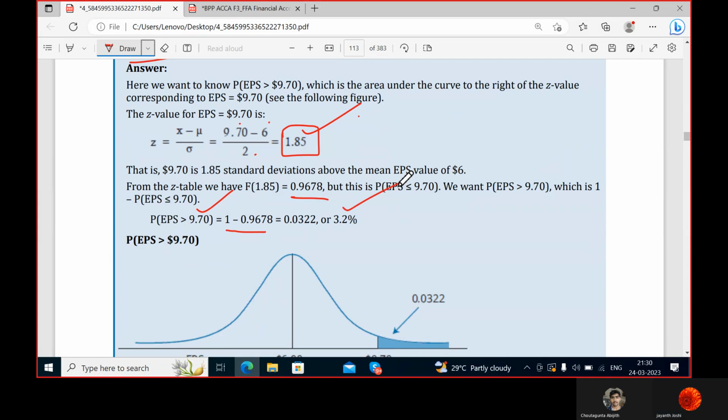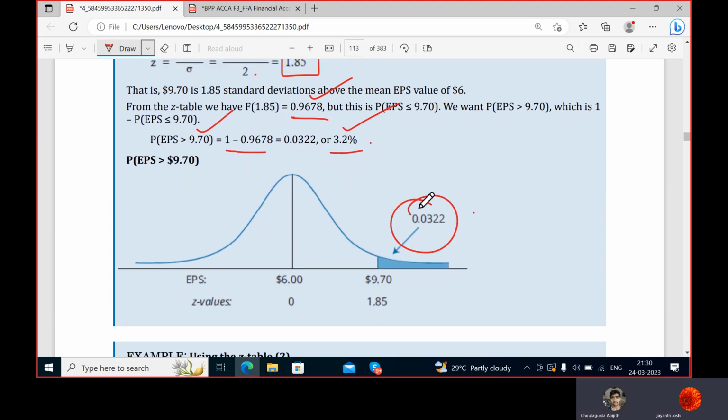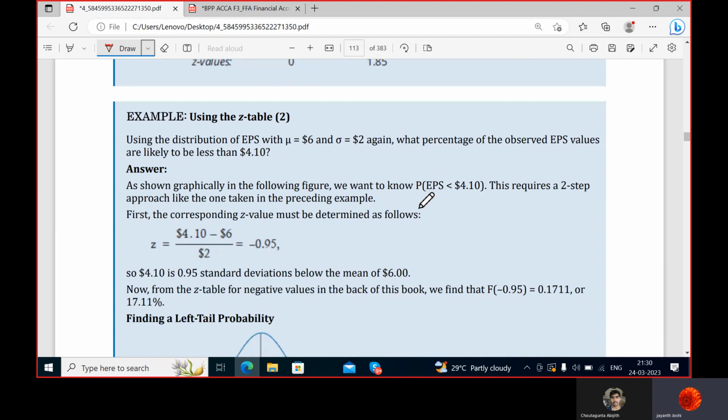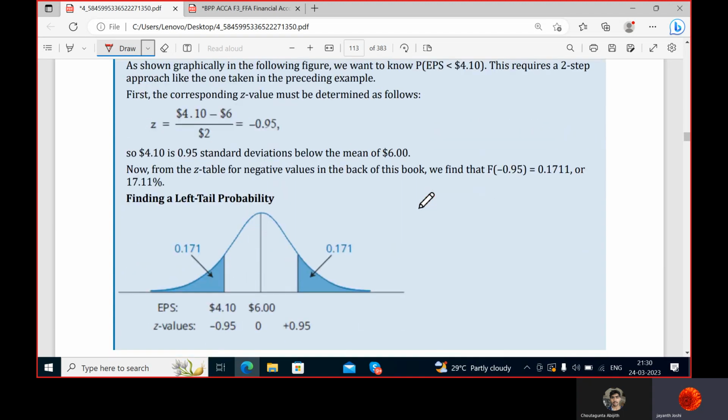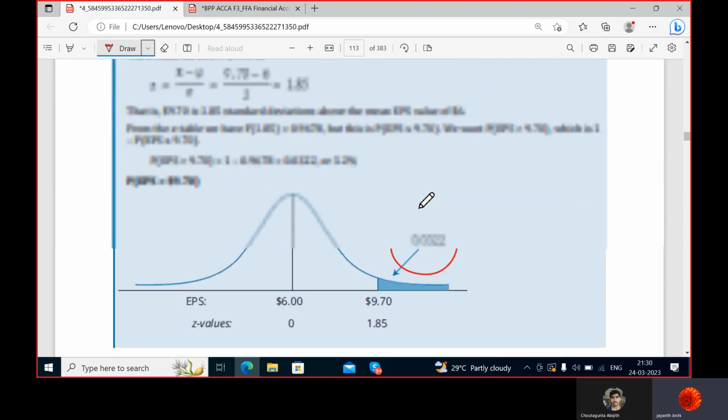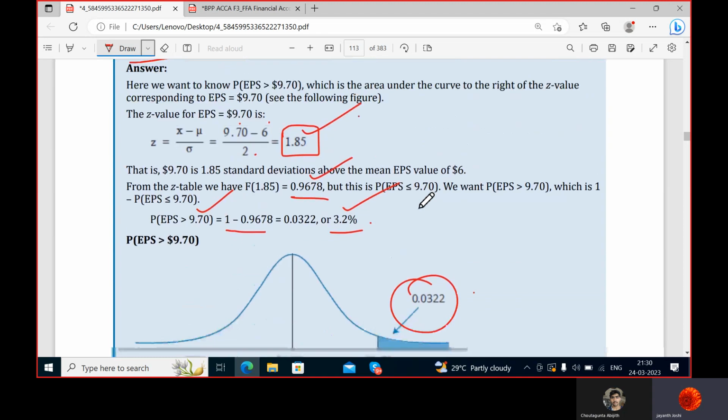Correct, Abhijit? Yes, that is correct. Because this is the less than probability, if we remove it from 1, we get the more than probability. Correct or wrong? That's what. So you get this. Have a look at this question once, and then we will go for less than. First, have a look through this, then we'll go for that one.